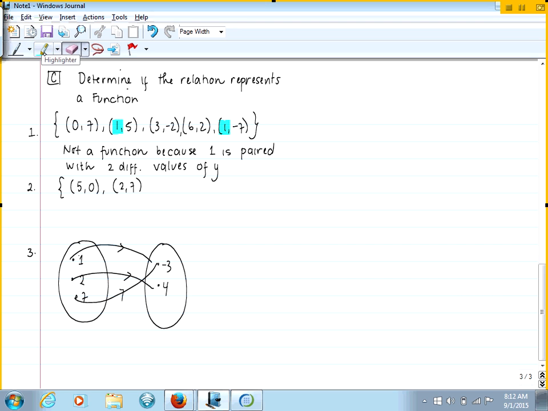Oh, let me add one more for my second one: (3, 0). This is my addition for number 2.